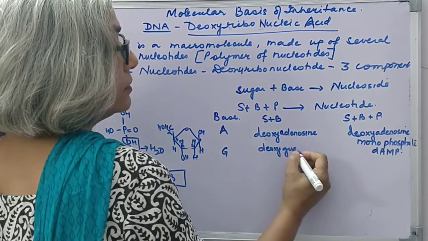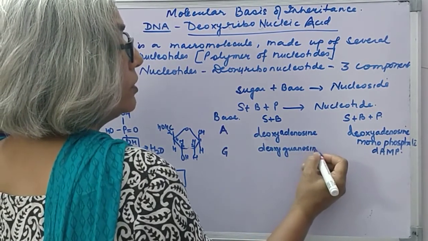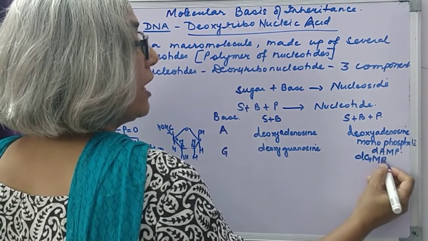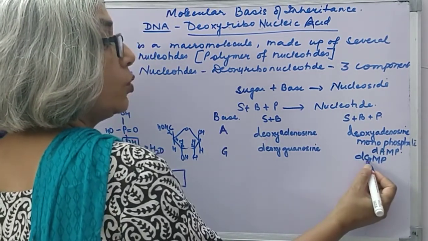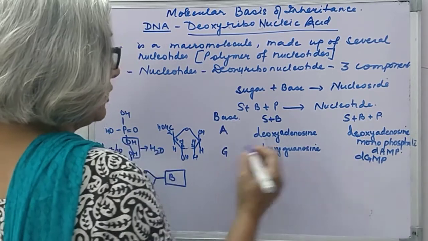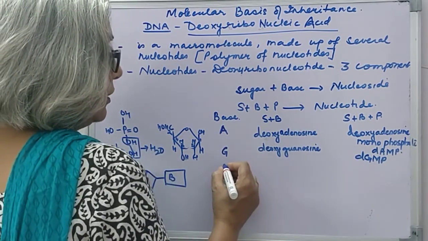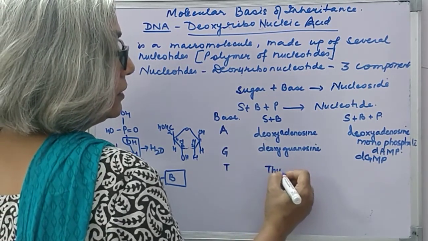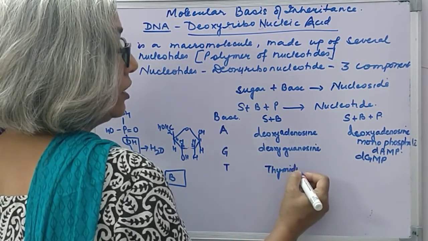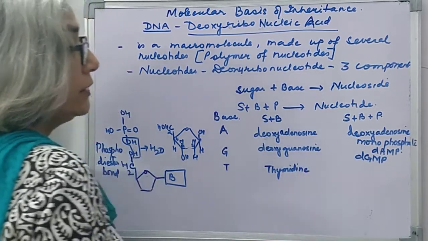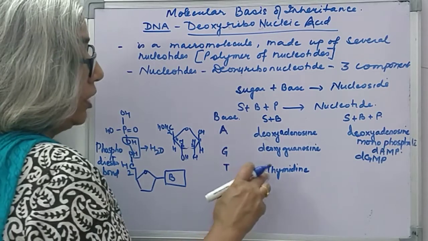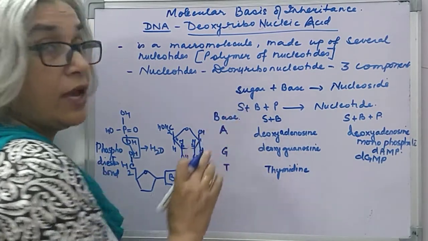Same way, if guanine, then deoxyguanosine is formed. When phosphate is added, it is called DGMP, deoxyguanosine monophosphate. If thymine, the nucleoside is called thymidine, because thymine is only found in combination with deoxyribose sugar.